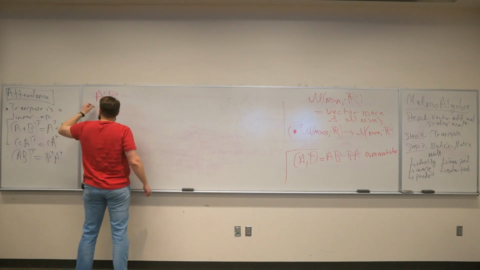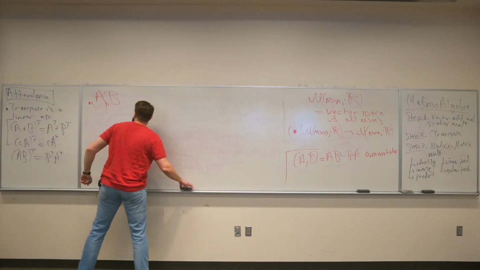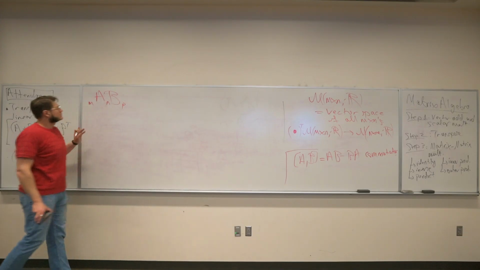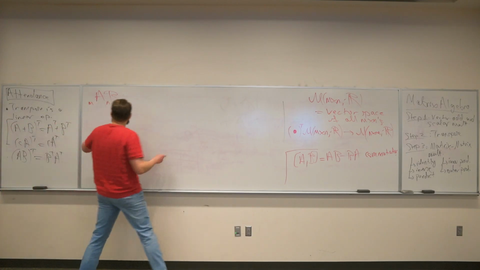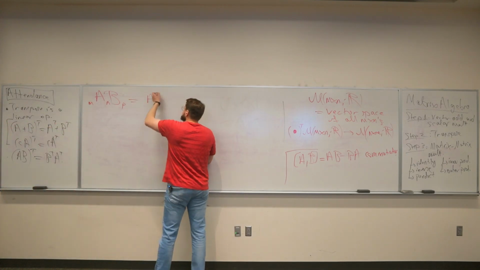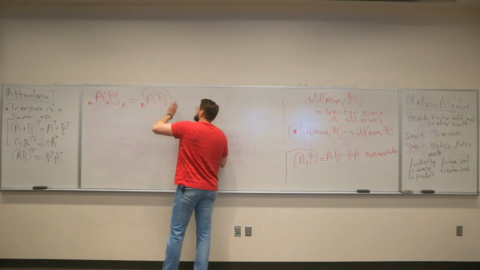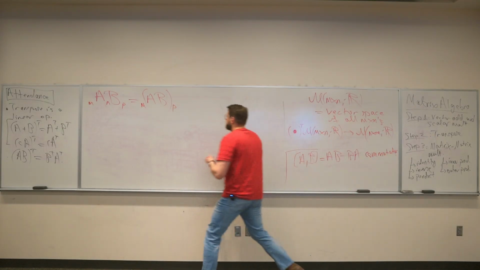So M by N by P, in which case this product matrix is going to be of dimensions M by P. Let me write it.